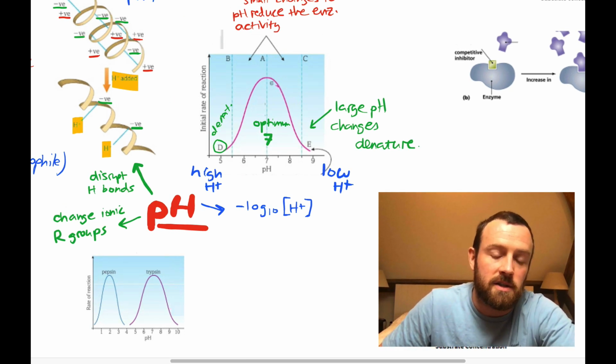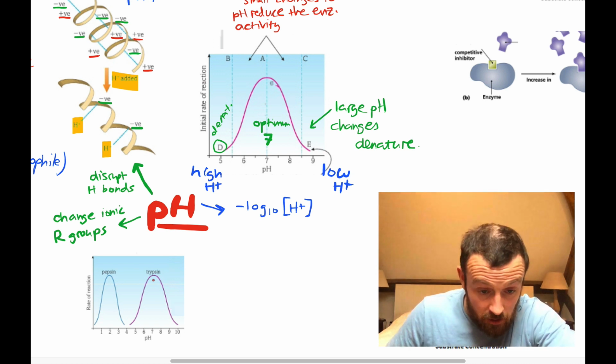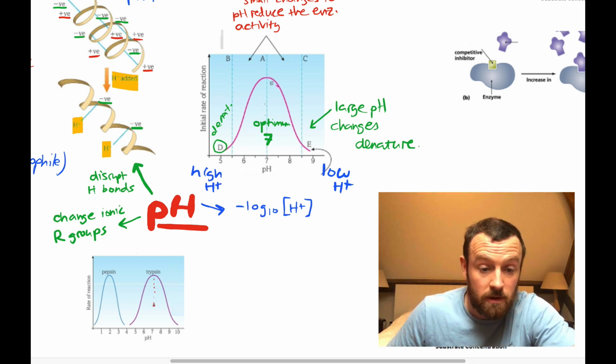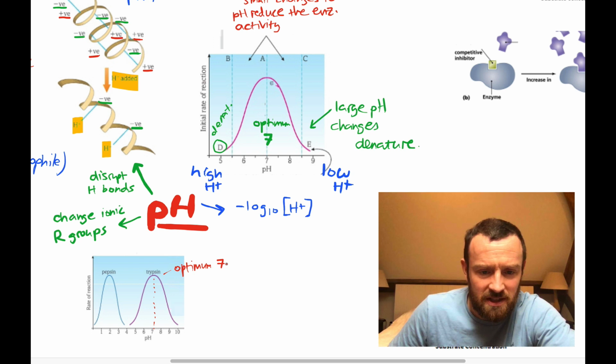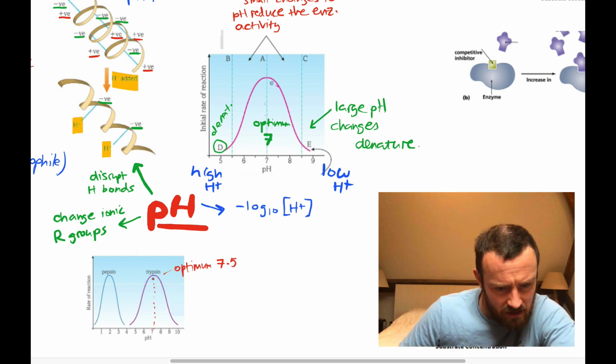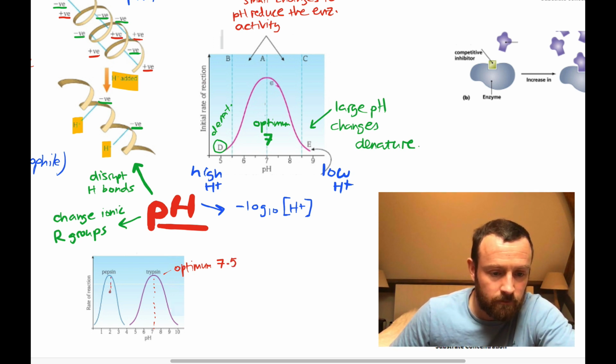You might get asked in an exam what the different optimums are. If we put this line down here, trypsin has an optimum of about, I think, 7 to 7.5 from memory. Pepsin, about 2.